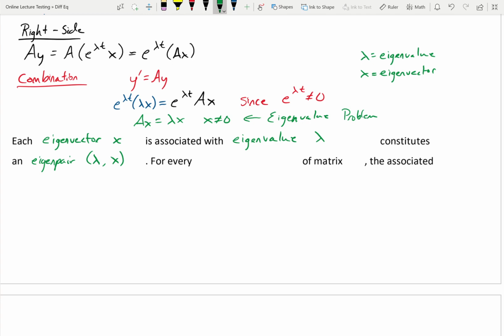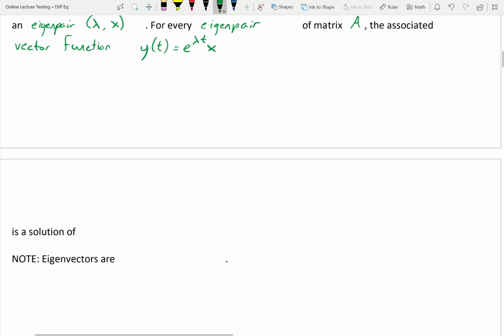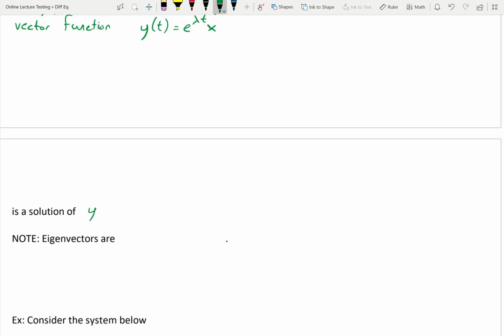And for every eigenpair of matrix A, the associated vector function y(t) is equal to e^(λt) x, which is a solution to our system of homogeneous equations.